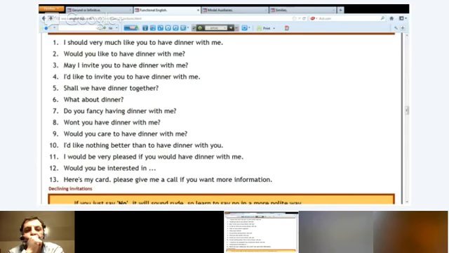Generally, polite structures have a lot more words because they're indirect. Like, would you mind? Or something like this. And the more direct structures can be less formal and less polite, but sometimes quite neutral.